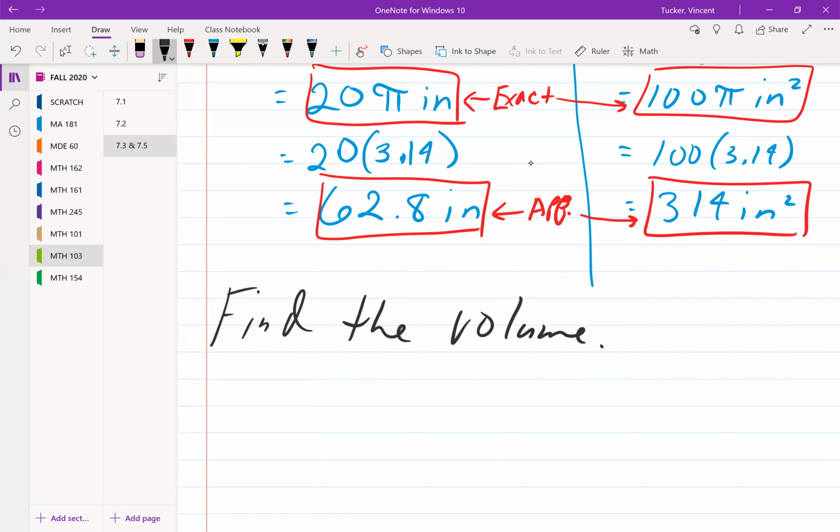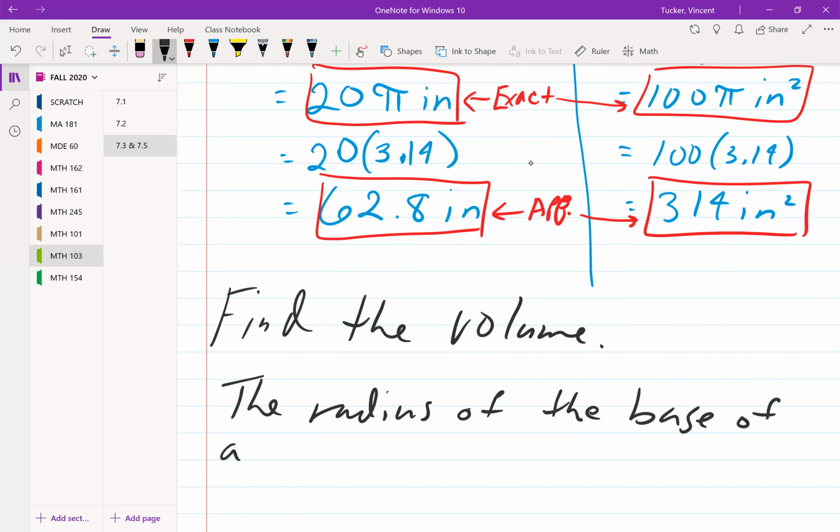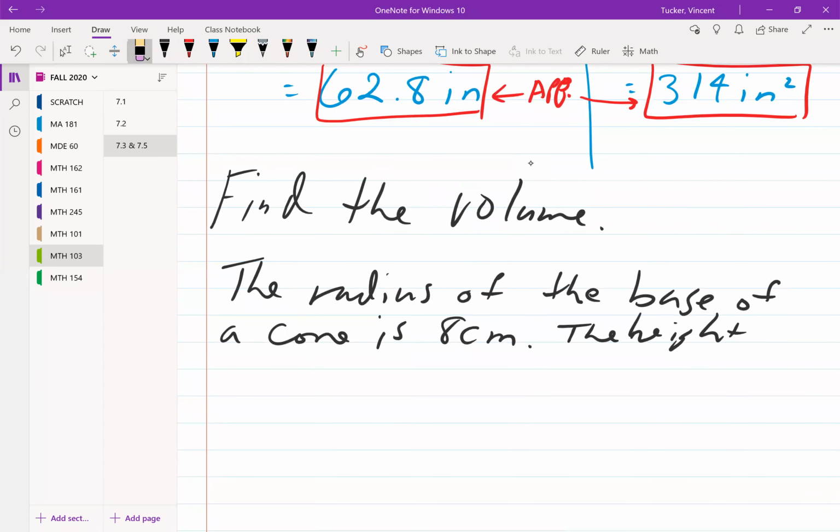They could give it to you in words, or they could give it to you in a diagram. Let's look at a good one.